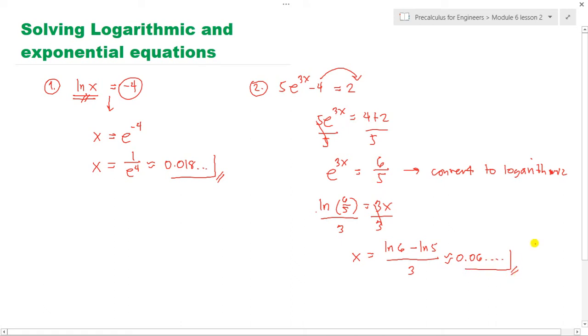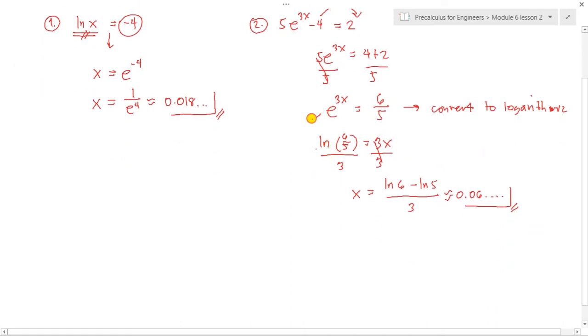Actually, class, there is another way of solving this. We have e raised to 3x is equal to 6 over 5. You can take the natural logarithm on both sides.